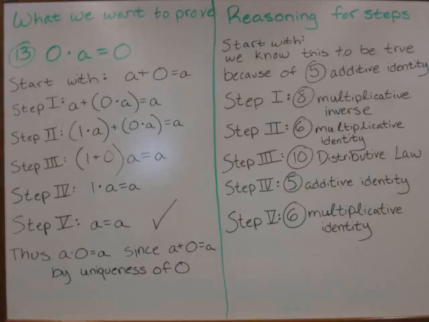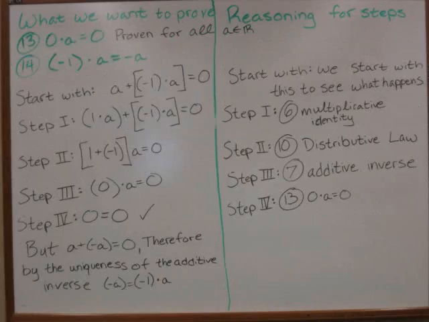Final step, we're going to say that A equals A because of the multiplicative identity. 1 times A does equal A. So we've just proven that A times 0 equals A because A plus 0 equals A by the uniqueness of 0.